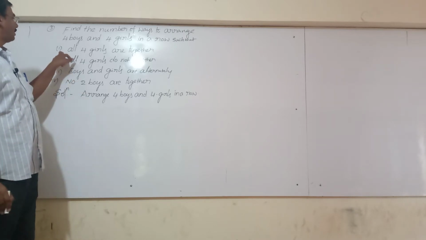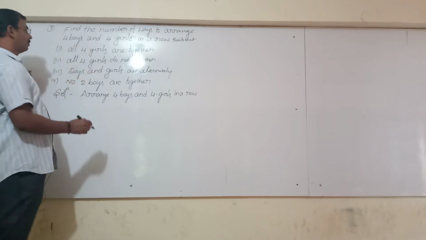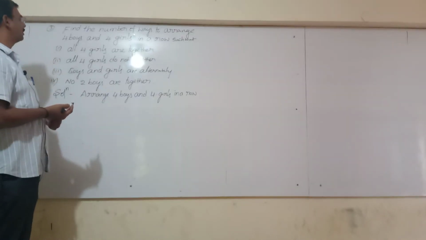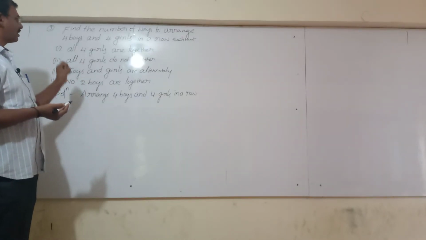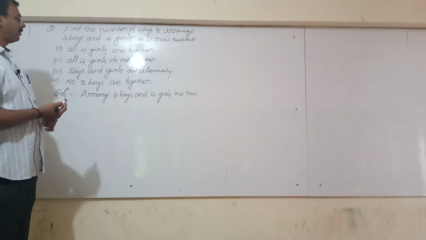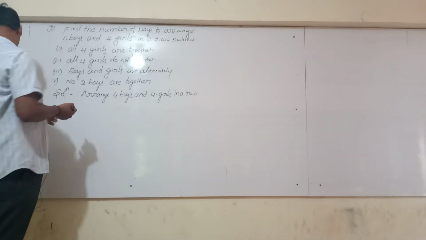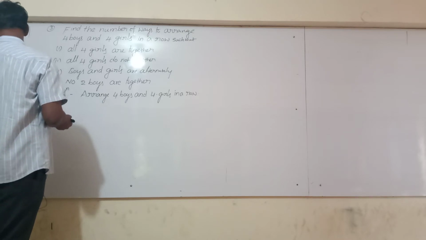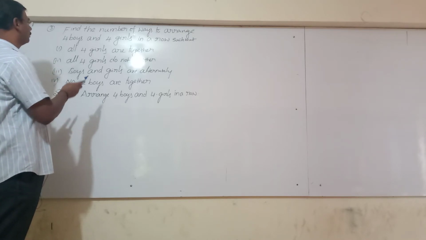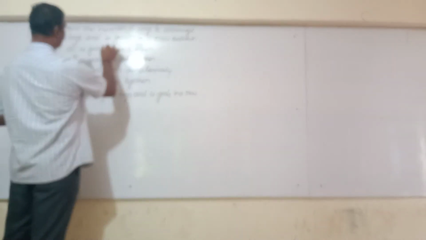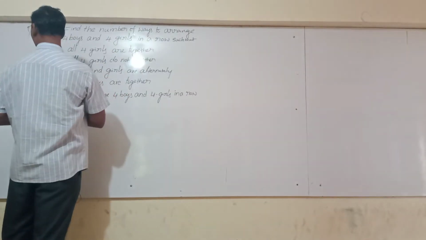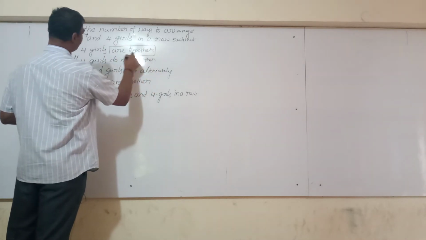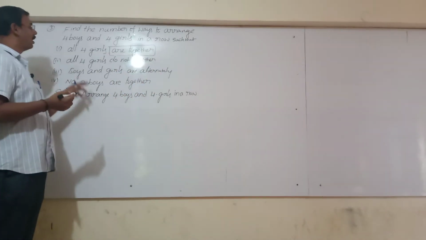The first question is, all 4 girls are together. Here I am not giving more explanation, just the concept of the best approach, directly we have to do. Keep in your mind, all girls are together is given in the problem.